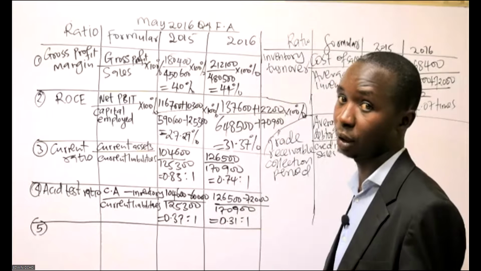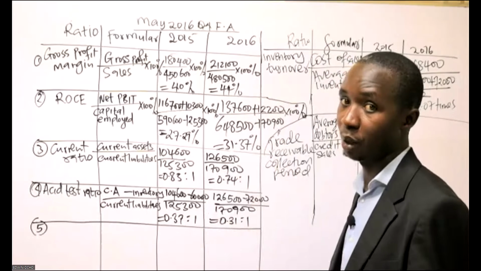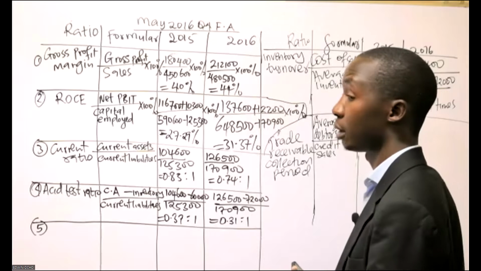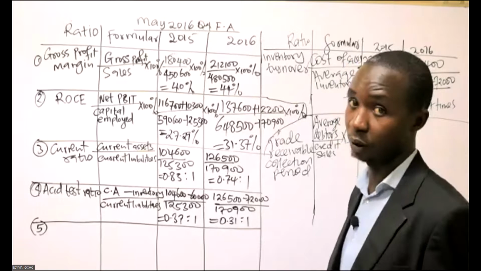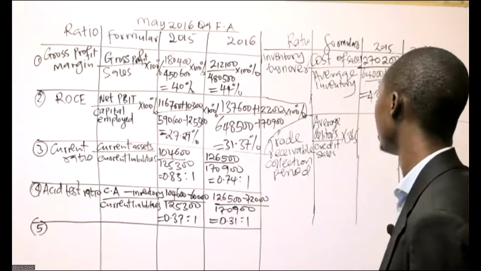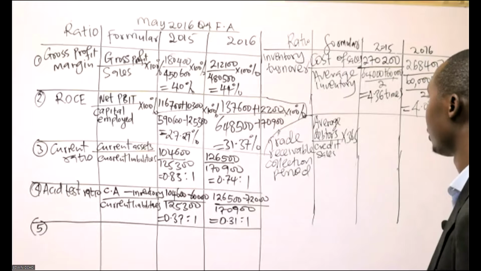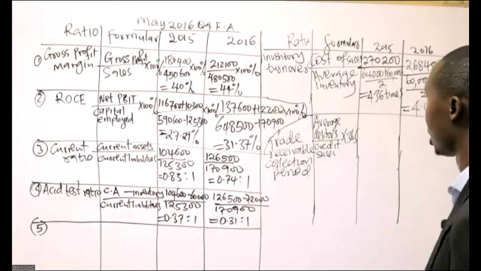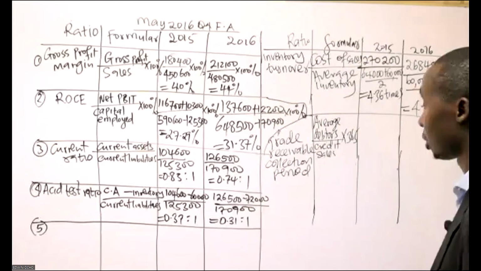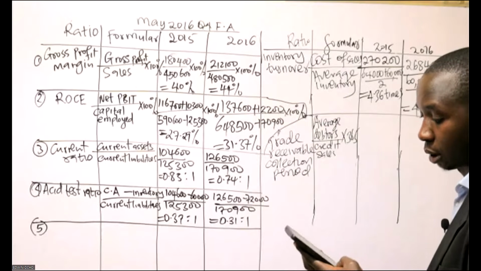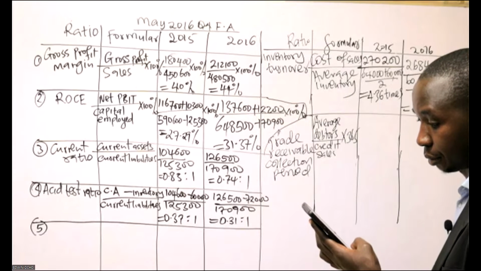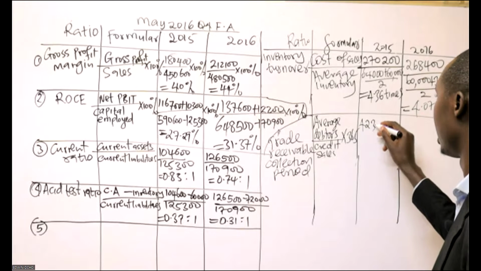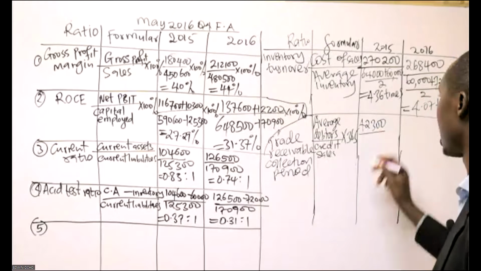So in 2015, I would just use the one for 2015 itself, 42,300, over the credit sales.